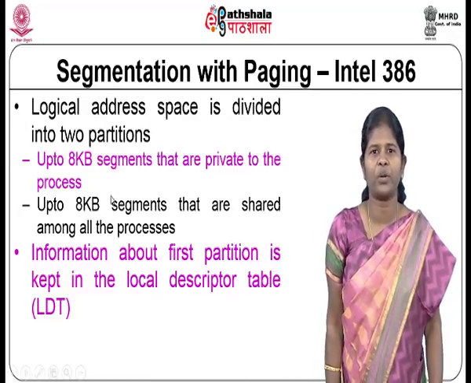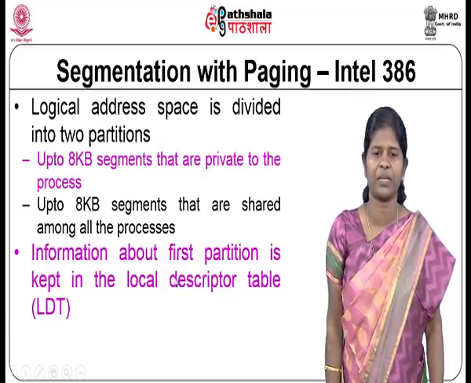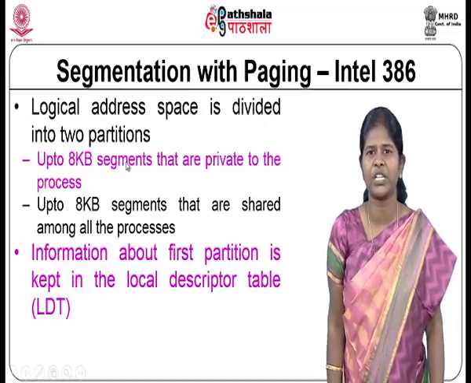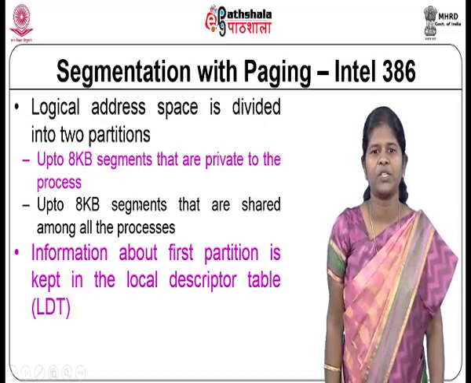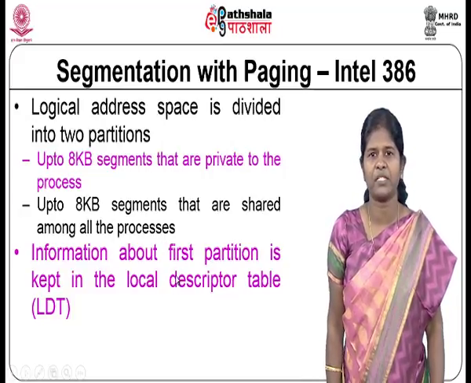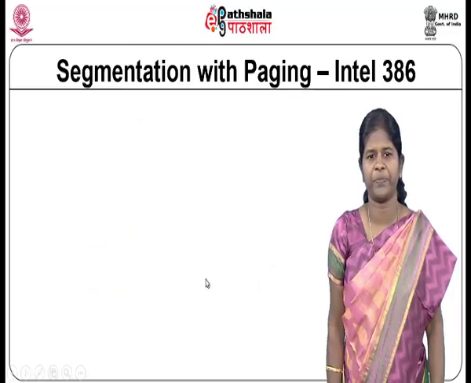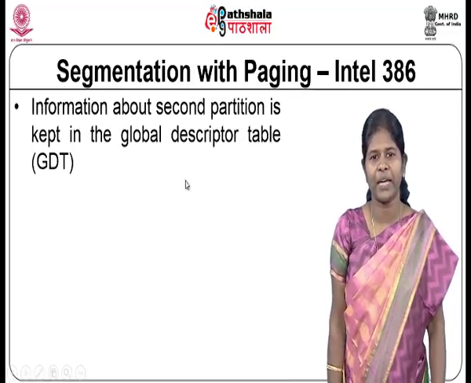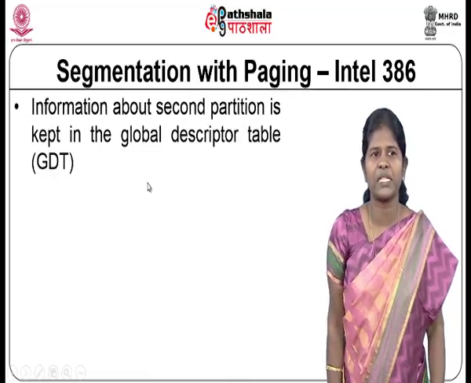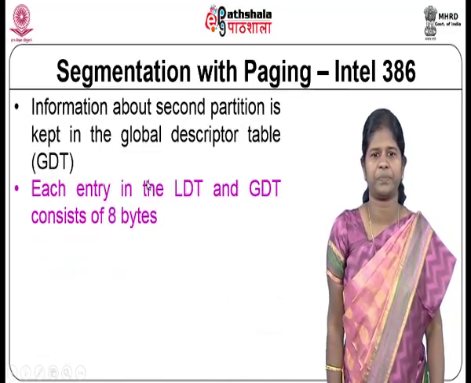Because you have 2 types of segments, the private segments and the shared segments, you have 2 different descriptor tables. The private segments information is placed in the local descriptor table, and the shared segments information is placed in the global descriptor table.